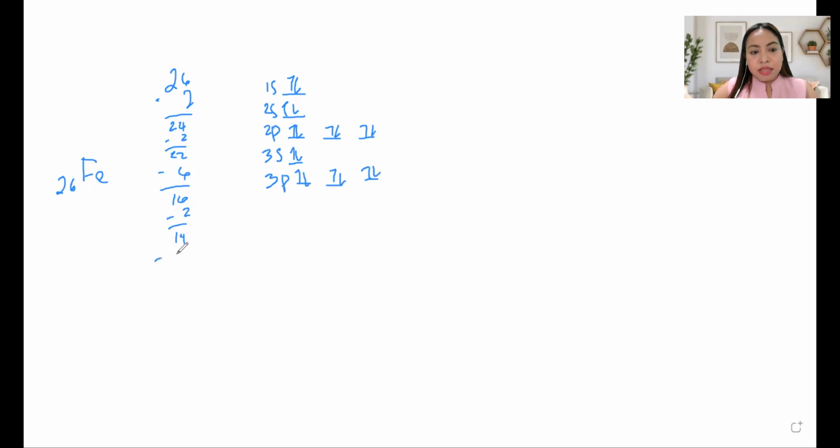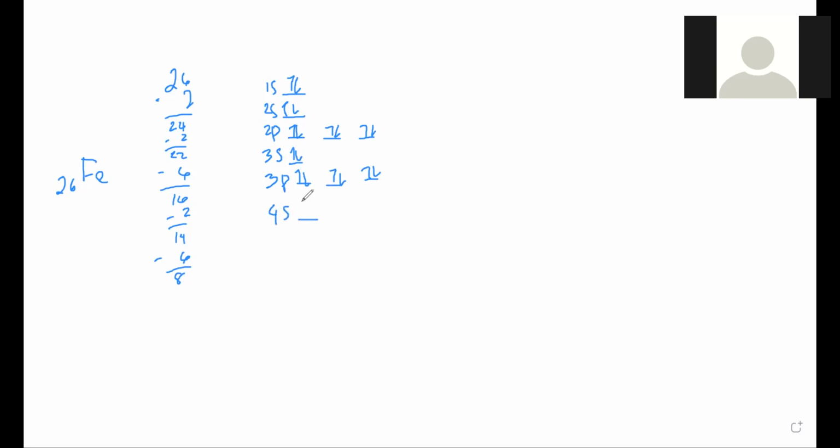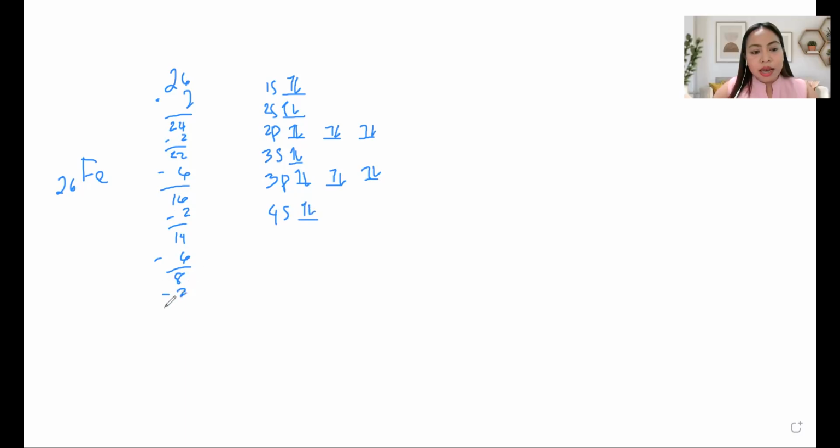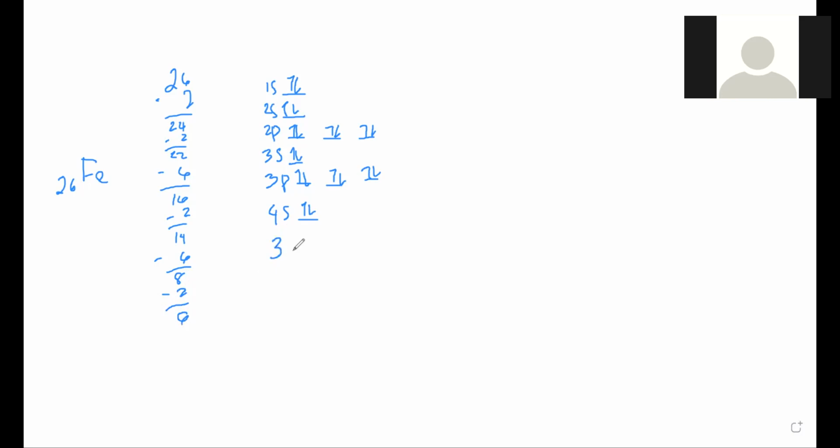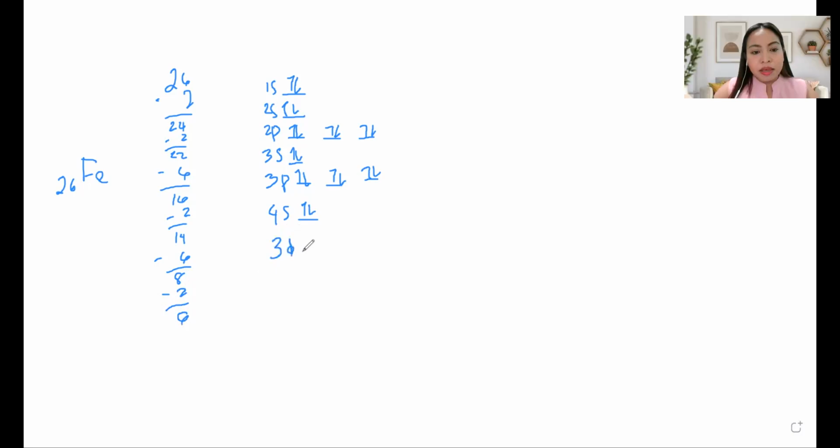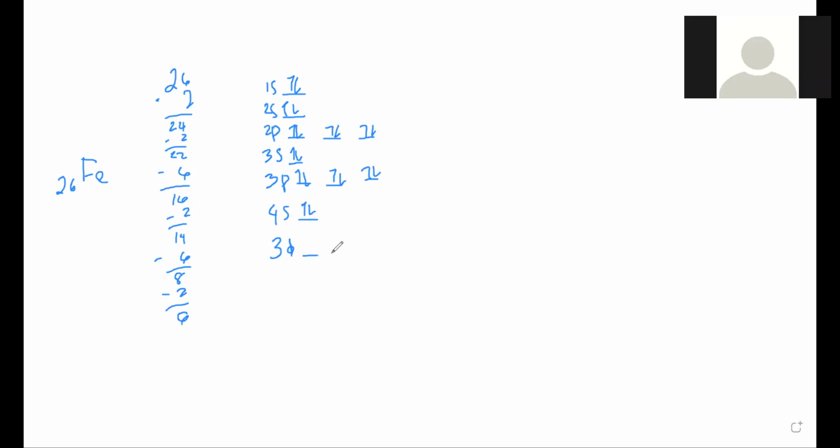So 14 minus 6, you are left with 8. Followed by 4s, which is 2. Minus 2, you are left with 6. Followed by 3d. Why does 4s come before 3d? That is because of their energy level.